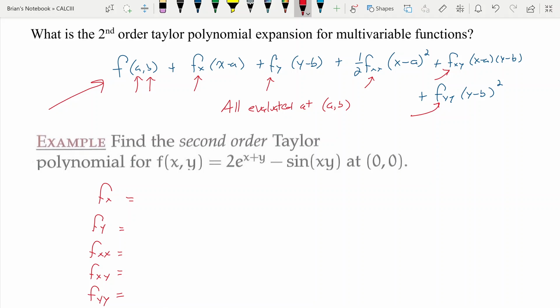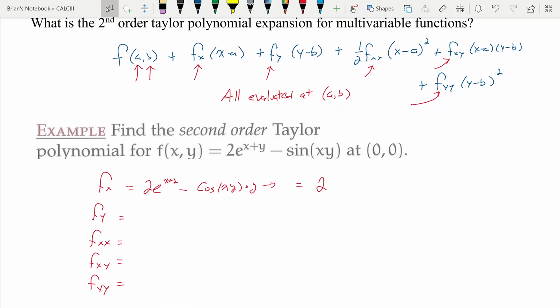Not too much confusion in that, but these problems can get a little trickier. If we did the derivative of this guy, we would get 2e to the x plus y, and then minus cosine xy times the derivative of the inside function with respect to x, which would be y. And when we evaluate at (0, 0), we're just going to get 2. So our fx is 2, and that's what we plug in up top. I do this problem out, but I feel like it's pretty straightforward. These are pretty plug and chug problems.